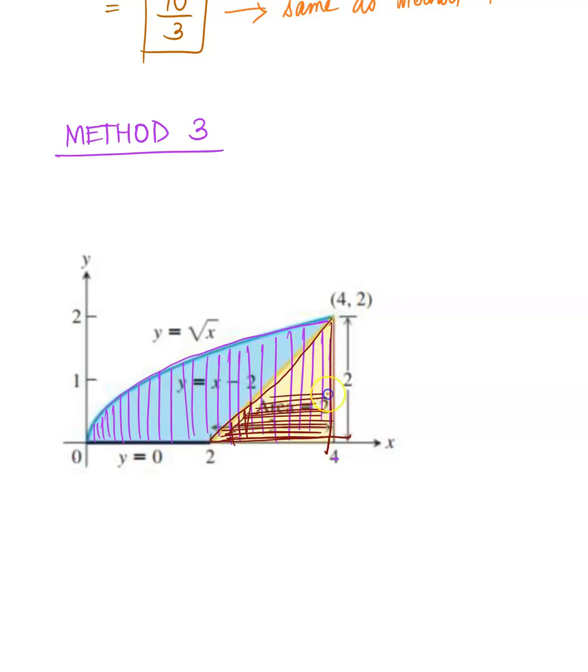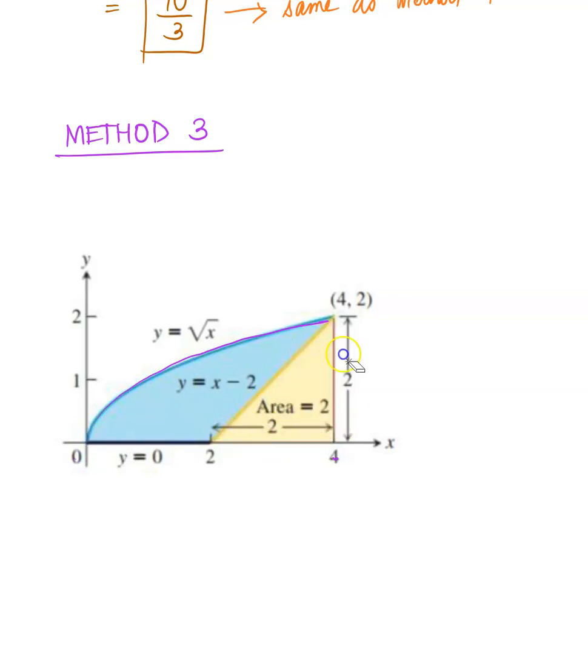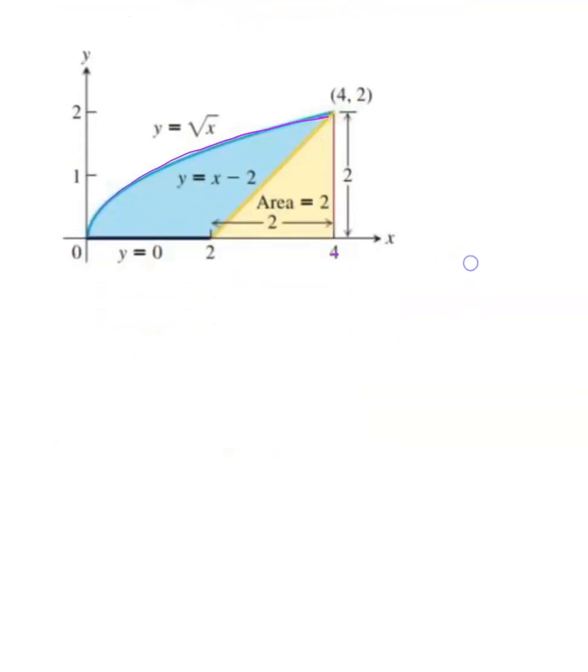So if we did that whole thing, the area under the blue curve, minus this triangular region, that will give us the blue shaded region. That is the approach here. Again, as I mentioned, this will work only if you had such a geometric setup nicely working. If it doesn't, then this method 3 would not really be available for us.